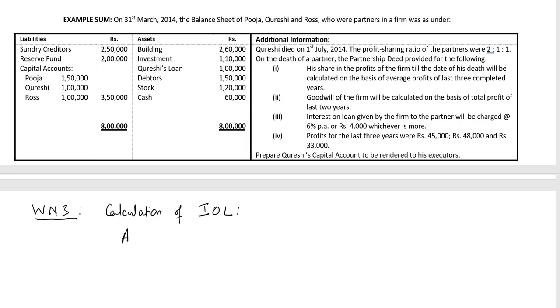As per 6% per annum, the interest on loan comes to the amount of the loan, which is 1 lakh rupees, multiplied by 6 divided by 100, and we need to give it only for 3 months, 3 by 12.